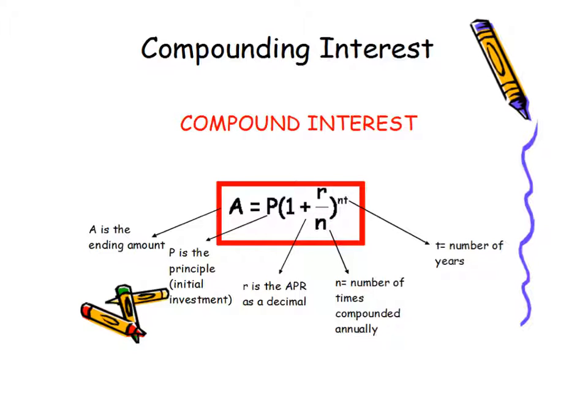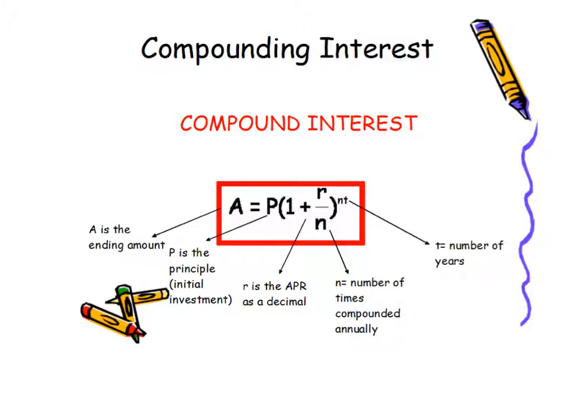One of the things we have to be careful about when you see an interest rate advertised, like a 7% interest rate, is that it's an annual interest rate. It's like a 7% APR, which stands for the annual percentage rate. If they're only going to compound it once a year, then that's a fine interest rate to use.